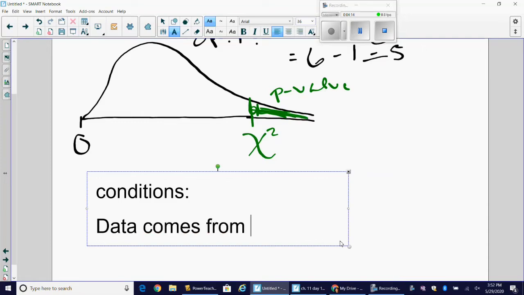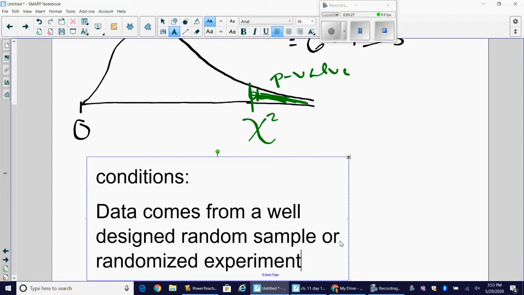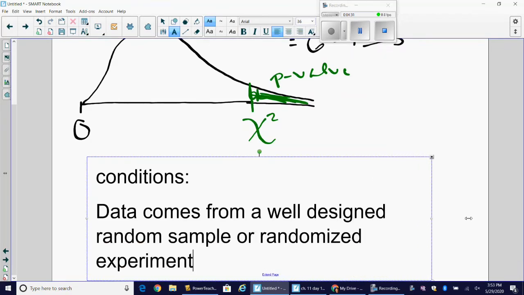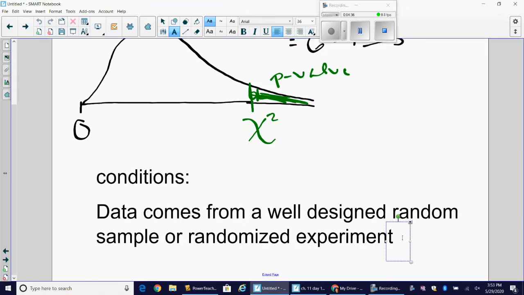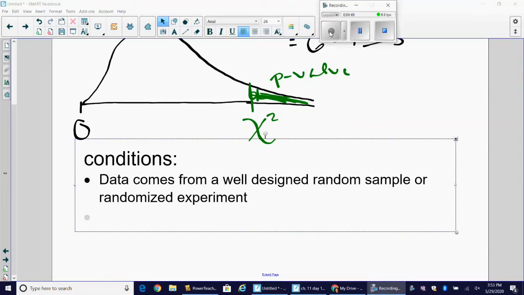This is very similar to any of our other significance tests. Well, in order to calculate the p-value using this chi-square distribution, data has to come from a well-designed random sample or a randomized experiment. So that's one condition that has to be met. Also, we're going to need to make sure we have independence.